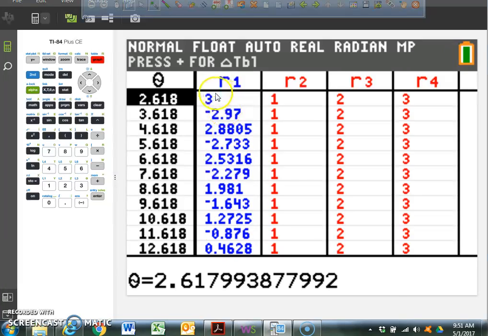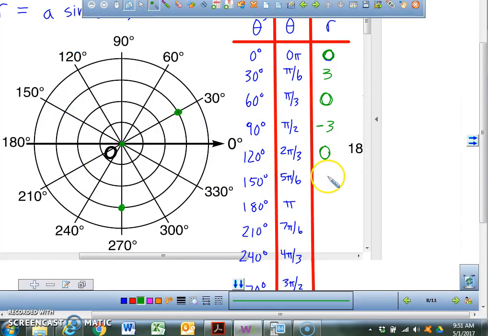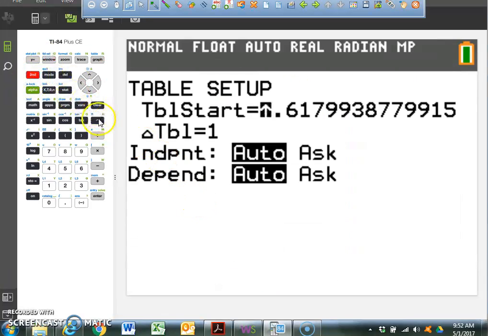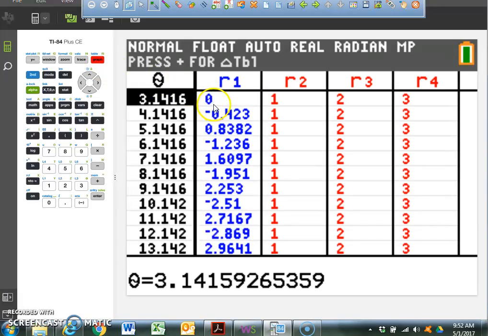We're at a 3, so we're at the positive. We go to 150 and go up 1, 2, 3, right here. So where do you think we're going to be at 180 degrees, which is pi? We're going to be at a whole lot of nothing.